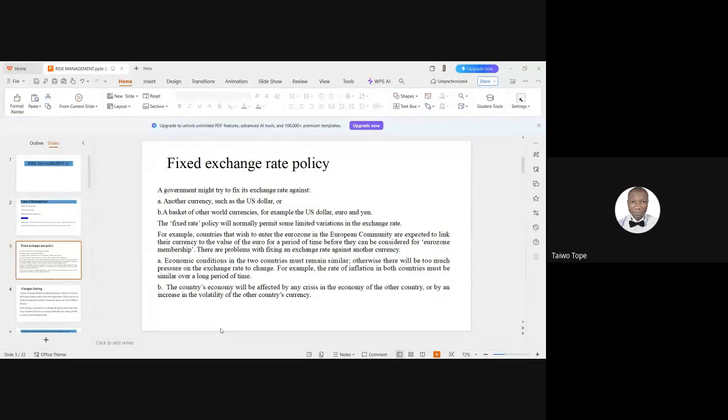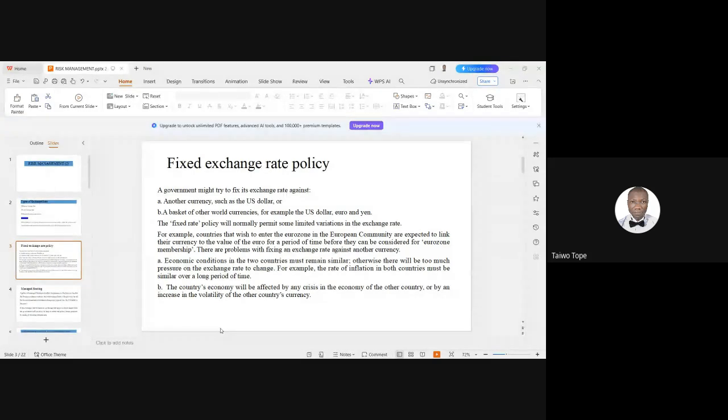So to achieve exchange rate stability, government most times undertakes to buy foreign currencies when the exchange rate depreciates. When the exchange rate depreciates, it means when you need more naira to get dollars, it means the naira is depreciating. But when you need less naira to get dollar, it means naira is appreciating.